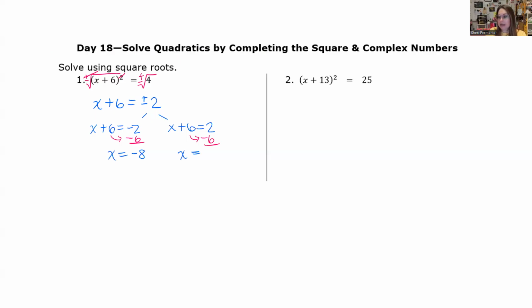And I have 2 minus 6. Negative 4. So I have this solution set. x is equal to the solution set with negative 8 and negative 4. I don't care about the order, although on a quiz or a test, you're definitely going to see the smaller number written first. This one is the smaller number.